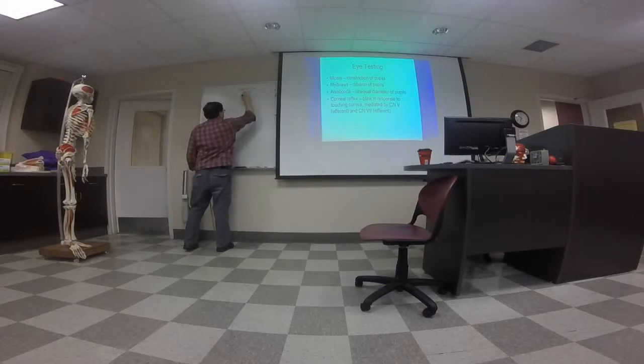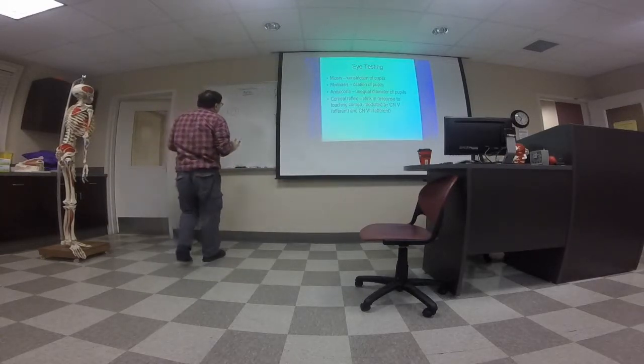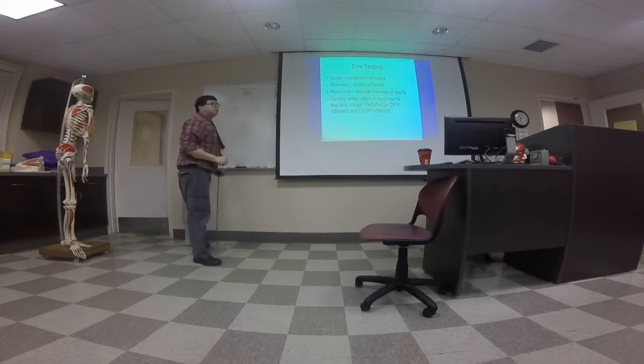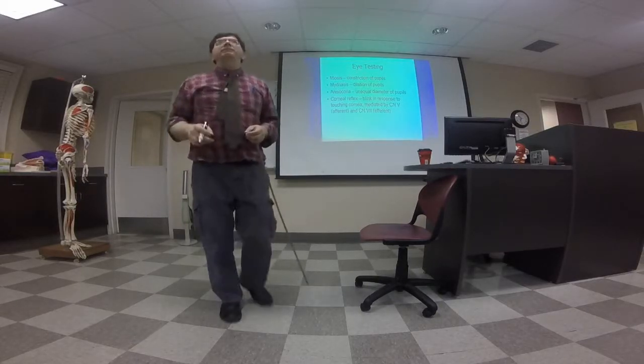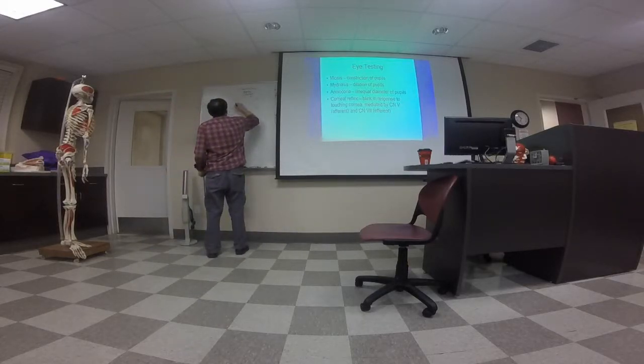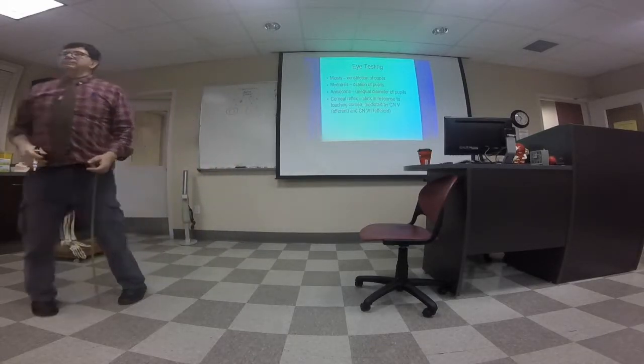Doesn't involve the cortex. All reflexes have sensory and motor components. For the corneal reflex, the sensory component is V1, the trigeminal nerve, because that senses the cornea. The motor component is the seventh nerve, because it innervates the orbicularis oculi.